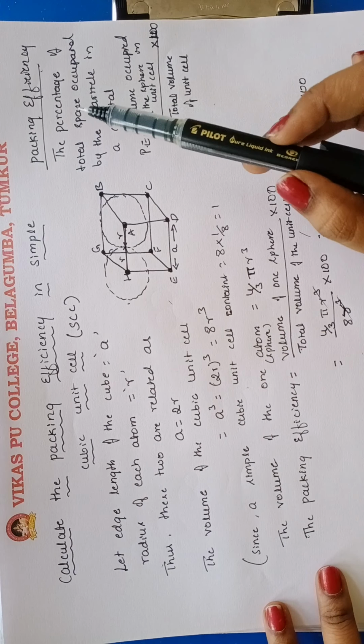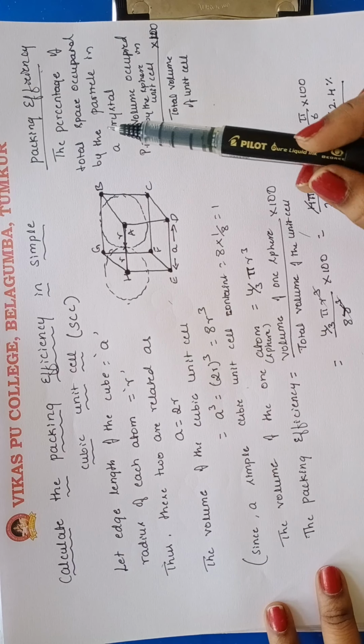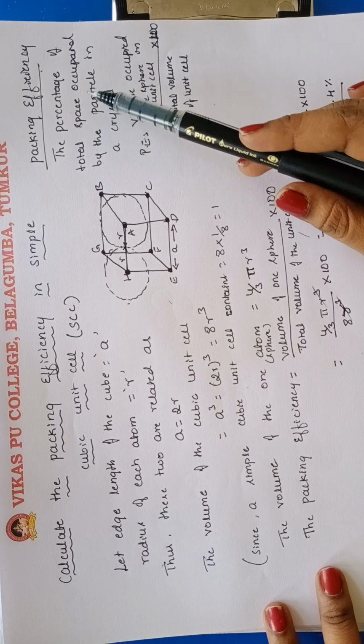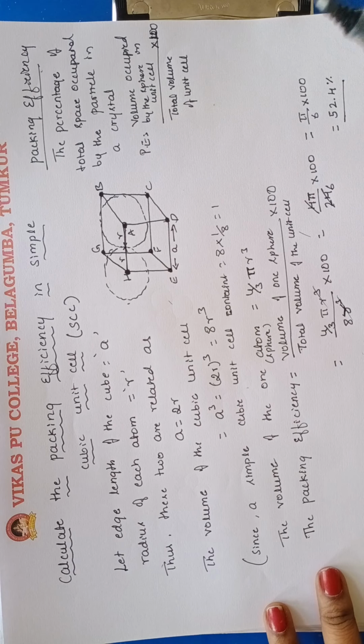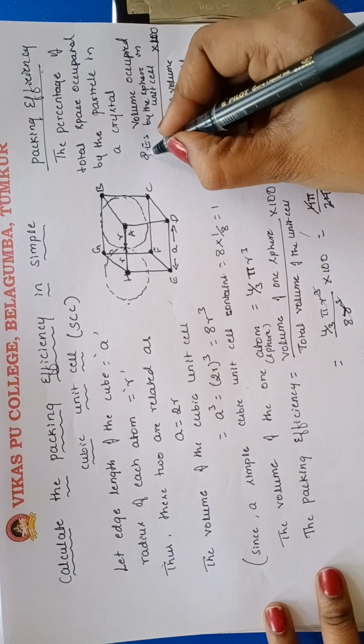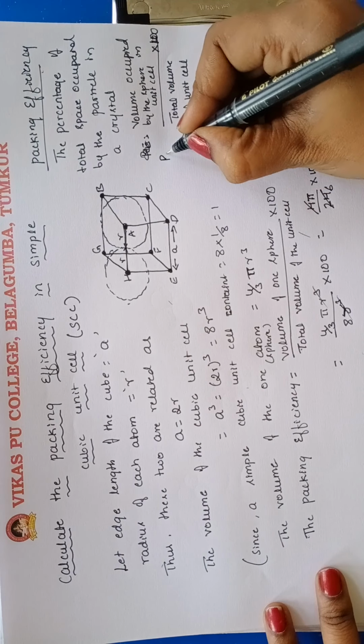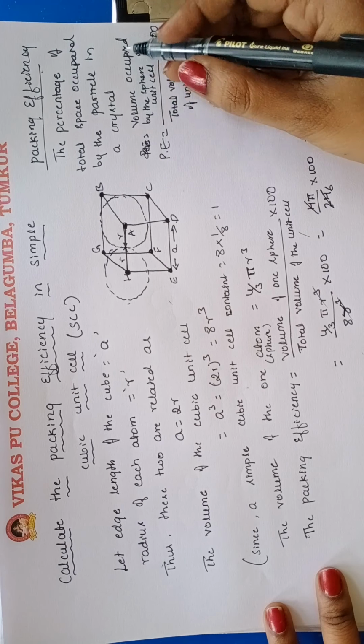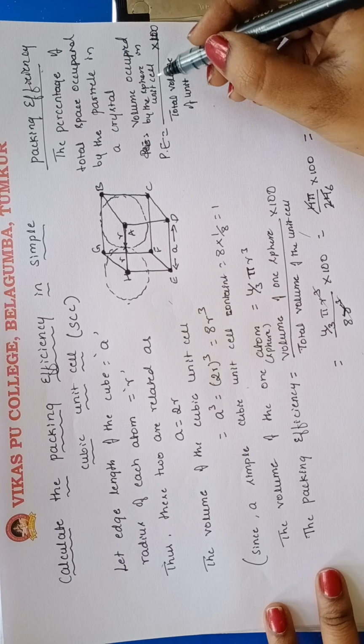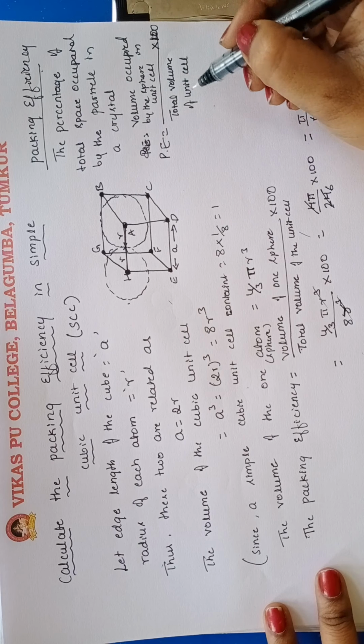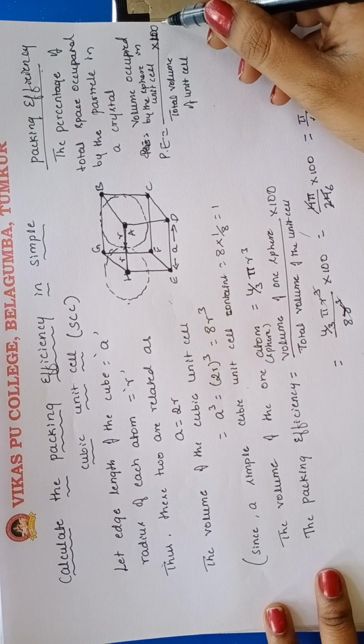Once again I will explain. The packing efficiency means the percentage of total space occupied by the particles in a crystal. The formula is: volume occupied by the spheres in a unit cell divided by the total volume of the unit cell, into 100.